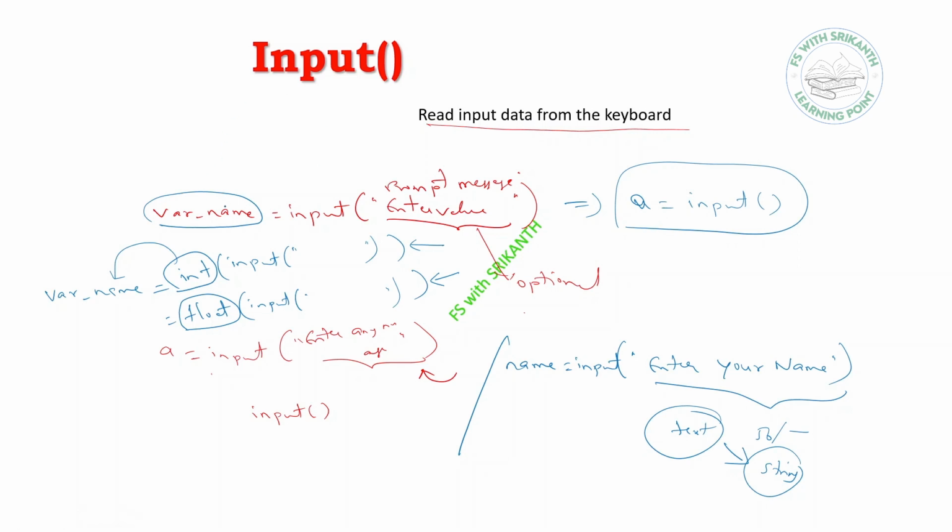By default the input method returns a string. If you want to collect integers, use the int method, and to convert to float use the float method. So what you require you can get. But in some situations we need to accept all types of values from the user and convert to our type, and what he entered we don't want to restrict. In that situation what can we do?